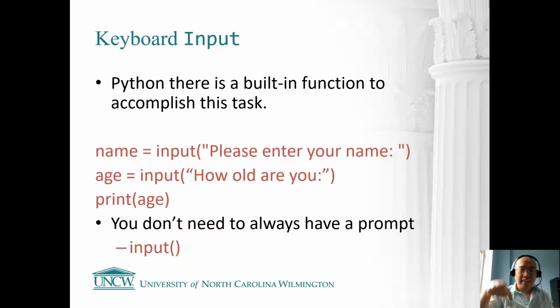When they hit enter, whatever the user has typed will be taken into the variable called name. And then if you want to do the age, we do another input, another prompt, and whatever is typed by the user will be the age, and then we print the age. Anyhow, input does the work for you: use the parentheses and then a prompt.